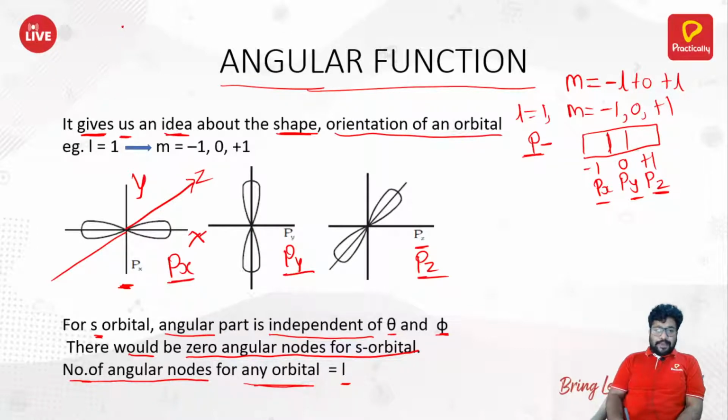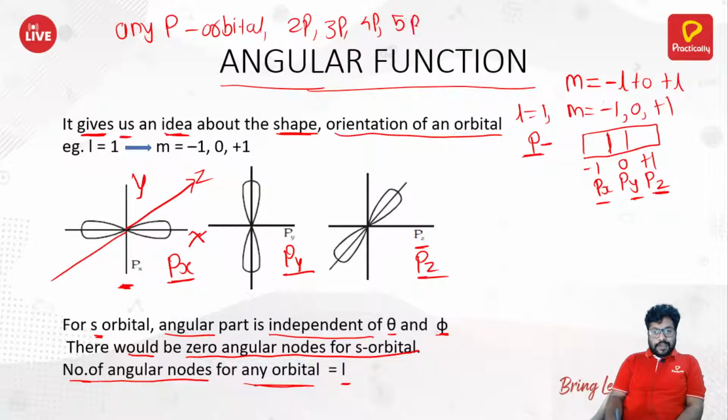You take any p orbital, by that I mean you can take 2p, 3p, 4p, 5p, 6p, 7p. For all of them, the angular node is equal to L, and L is equal to 1 for a p orbital.